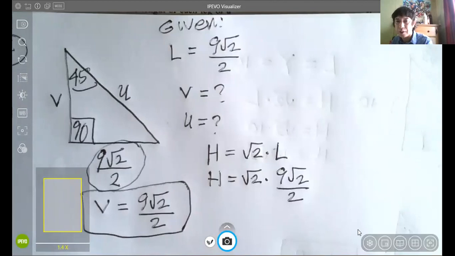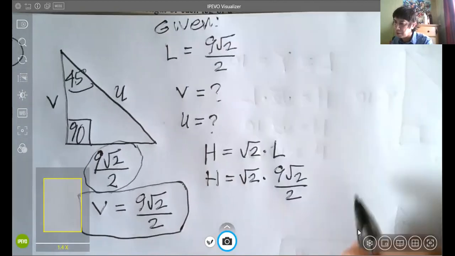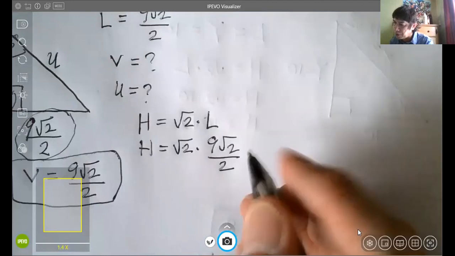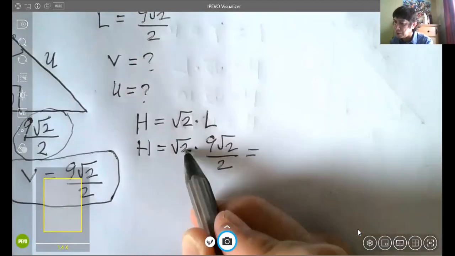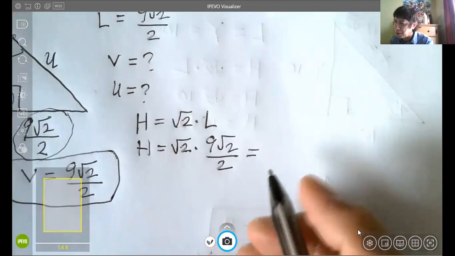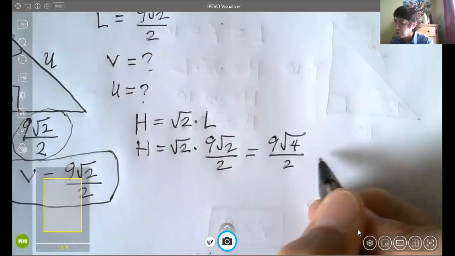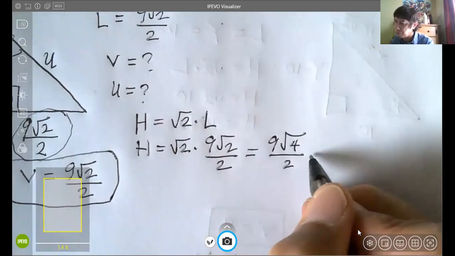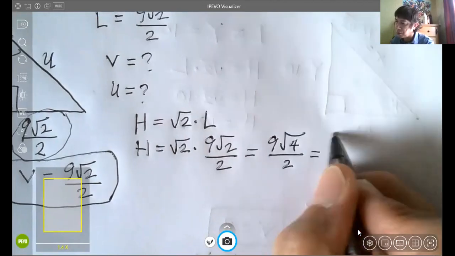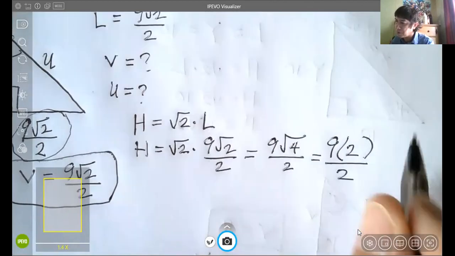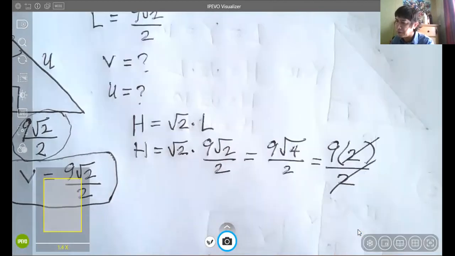Now in algebra, you can right away simplify this. You can multiply the square root of 2 and square root of 2, giving you square root of 4. So this will become 9 square root of 4 over 2. And we know square root of 4 is exactly 2. So we have 9 times 2 here and 2. And the 2 divides, the answer is 9 for the hypotenuse.